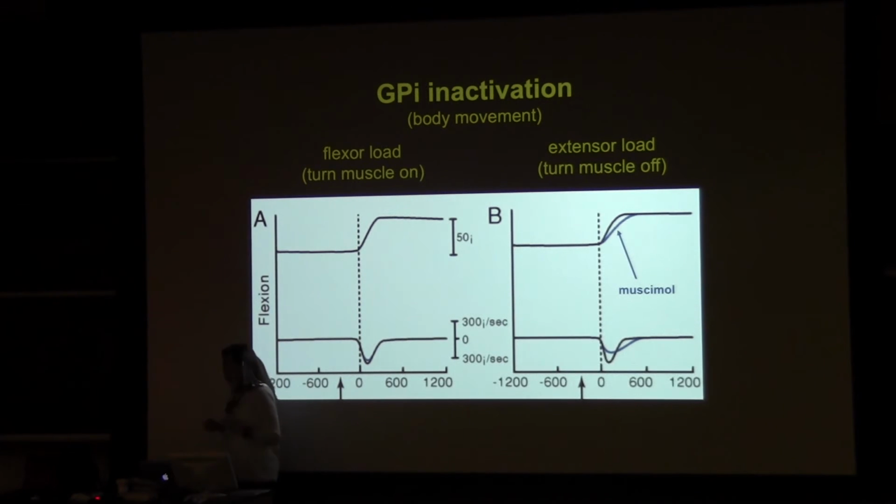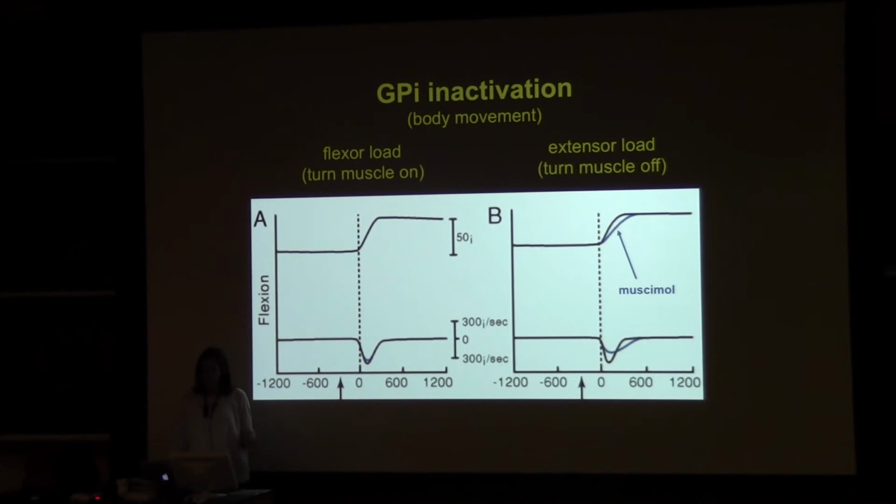So this suggests that the GPI is important for helping you to inhibit the muscle in order to make the desired movement in this case. So this is just one example of a study showing that really not all movements are the same, and also that there is some specific function of the basal ganglia to inhibit things that gets disordered, and this is just one way it can get disordered after damage.